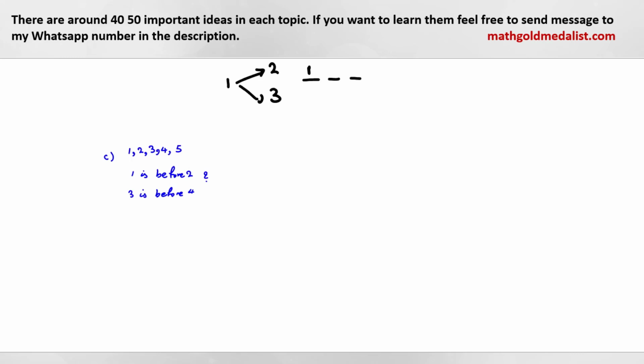Exactly, good job. Can you explain your solution? Yes, it would be 5 choose 2, to choose where 1 and 2 go, and then 3 choose 2 for where 3 and 4 go. Exactly, because 1 is before 2, 3 is before 4, and 5. So 5 choose 2 times 3 choose 2 times 1, so it will be 30.